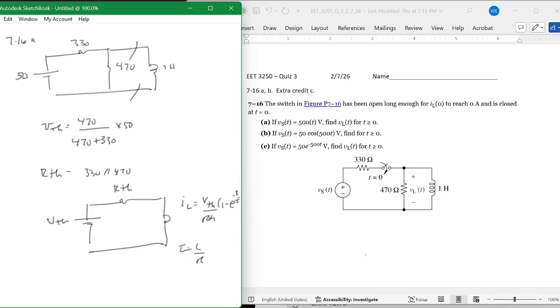The chapter 8 solution is using this and then using this to find the X sub L, and then you can go back and do it, okay? Any questions? That's the A.